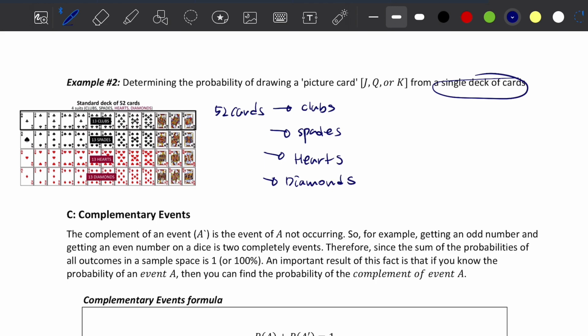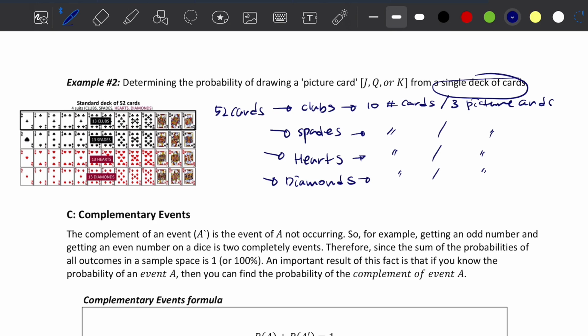Out of each shape there are 10 number cards and 3 picture cards, and it is the same for all the remaining shapes. So that's the reason why we have a total of 52 cards.